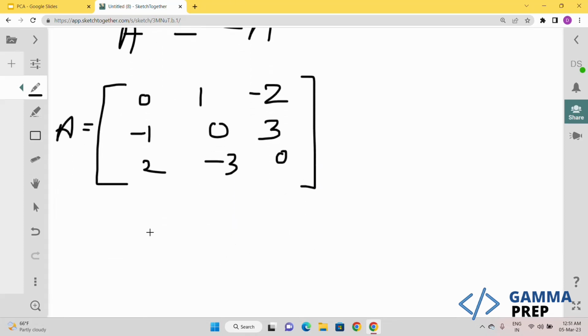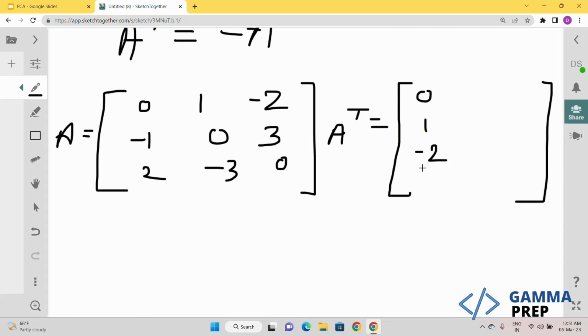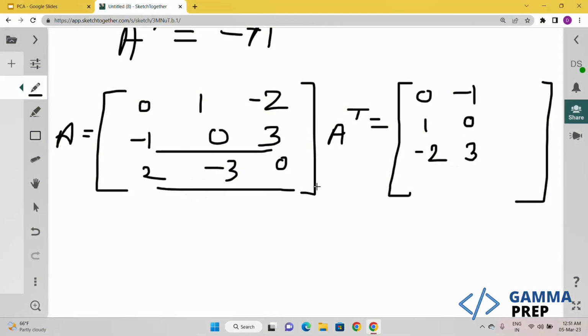Let's try to figure out what the A transpose would be. Basically 0, 1, minus 2 becomes the first column. Then 1, minus 1, 0, 3 becomes the second column. And 2, minus 3, 0 becomes the third column.